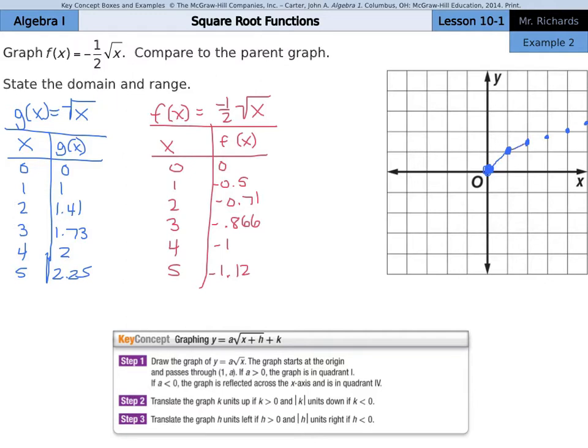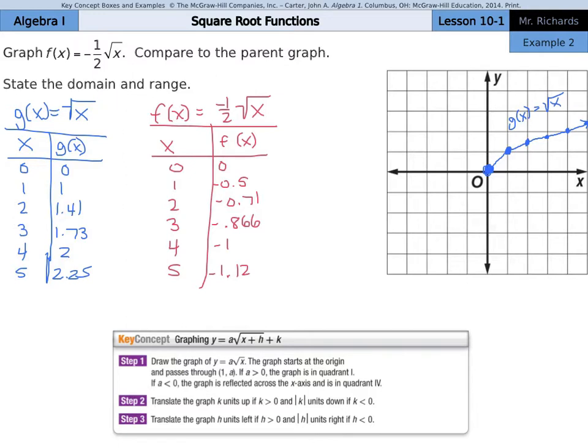And so here's our curve of our parent function, and that again is g of x equals the square root of x. And now we can look at our negative 1/2 square root of x.